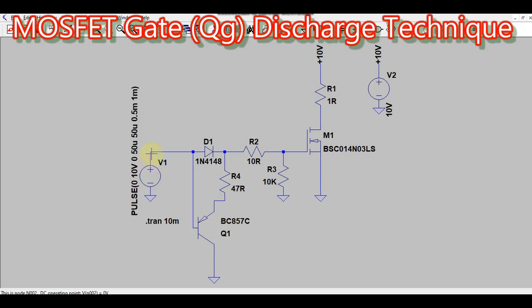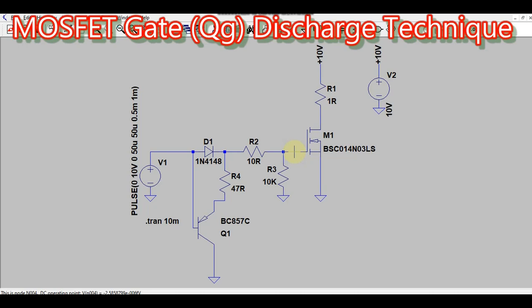So what happens during the on PWM cycle, or during the high pulse: at that point of time the diode cathode is at 0 volt, since there is no charge stored at the MOSFET, right? So the anode is at higher potential than the cathode, so this diode gets turned on, and this MOSFET M1 also gets turned on. Here we have the input capacitance of the MOSFET, the gate to source capacitance.